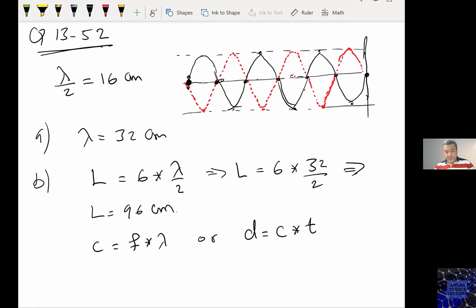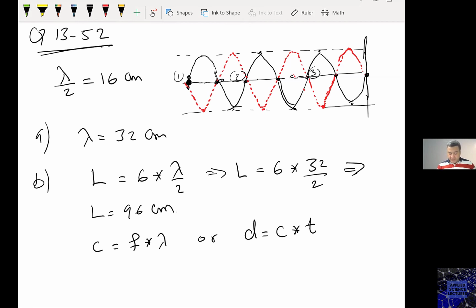How? We know that it takes 1.2 seconds to go all the way from one end and come back to the same end, which means the one trip is 0.6 seconds. 0.6 seconds for how many lambdas I have here. From this point to this point is 1 lambda, to this point is 2 lambda, to the end is 3 lambdas.